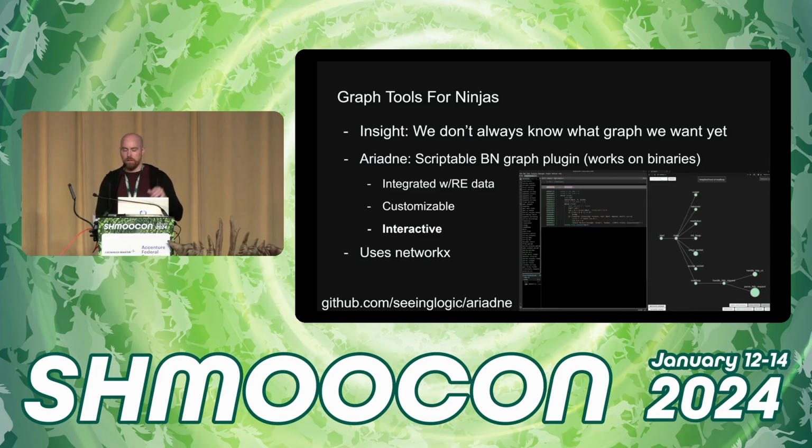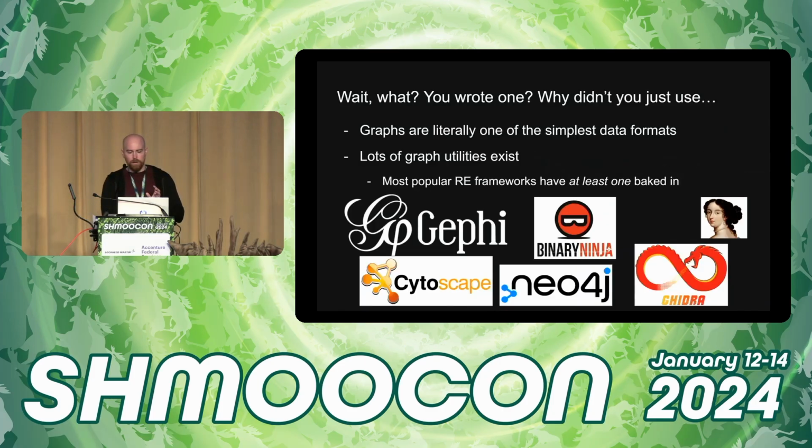I was writing Ariadne for fuzzing purposes, but one of the big things I noticed was it helped me zero in on bigger, complex functions. So in this view, larger nodes are more complex, which is also heavily correlated with size. But this was a graph helper for a tool that already had a graph API.